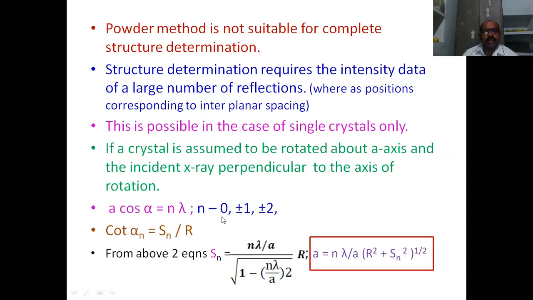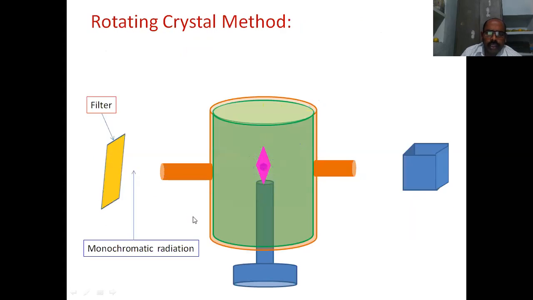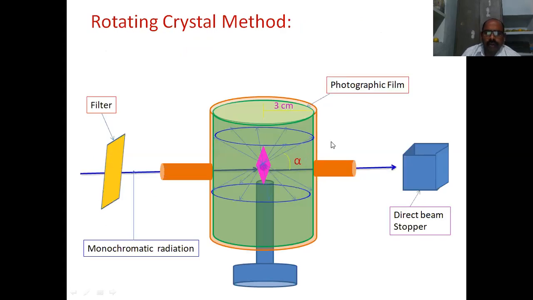Here n is the order of the diffraction pattern, corresponding to the cones above and below the layer line. n equal to 0 gives the zero layer line, and above and below are plus or minus 1 and plus or minus 2. A cos alpha equals n lambda is equation 1, and cot alpha n is equal to Sn by R.